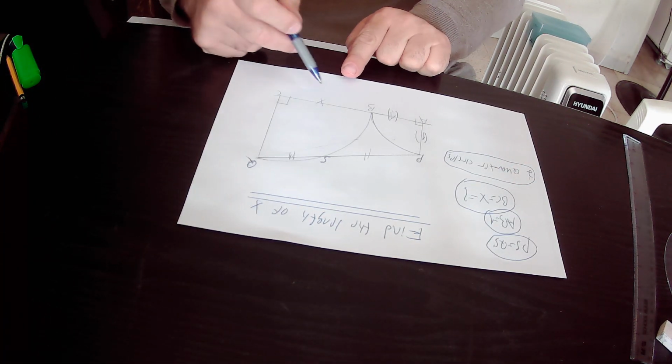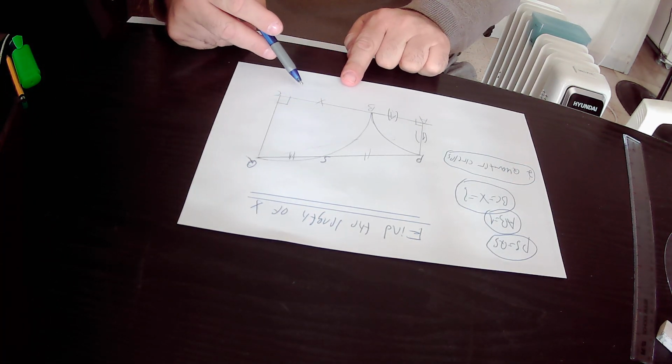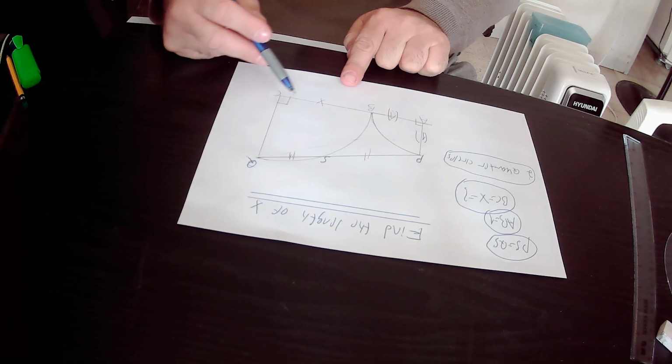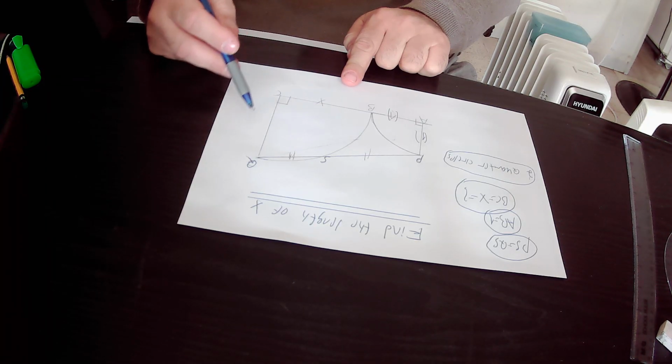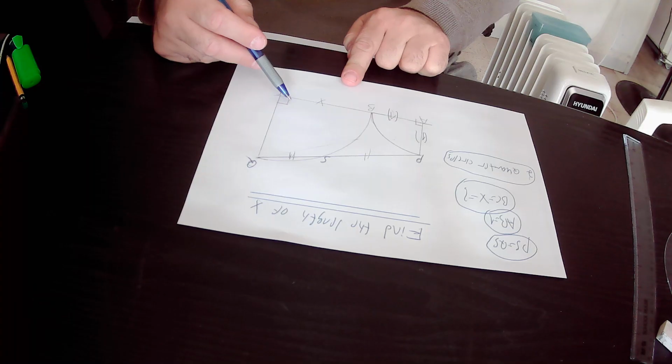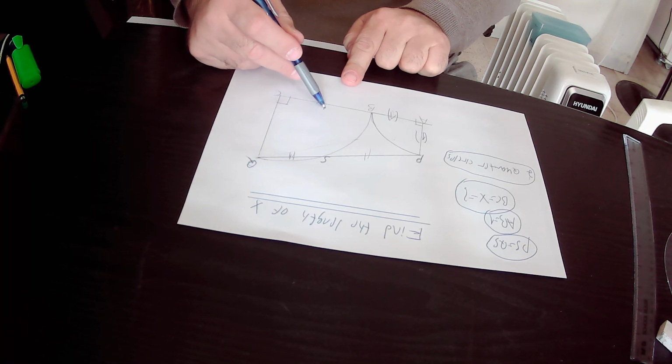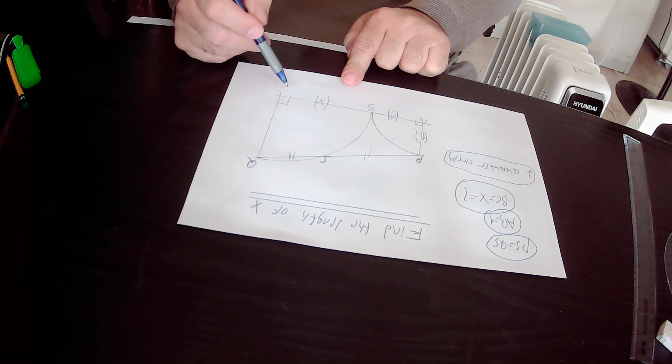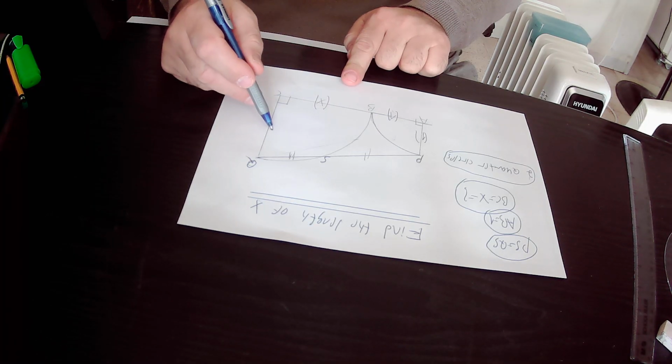Likewise, this is a quarter circle, and therefore BC and QC are both the radii of this quarter circle, therefore they are equal to each other. But BC equals X, therefore QC must also equal X.